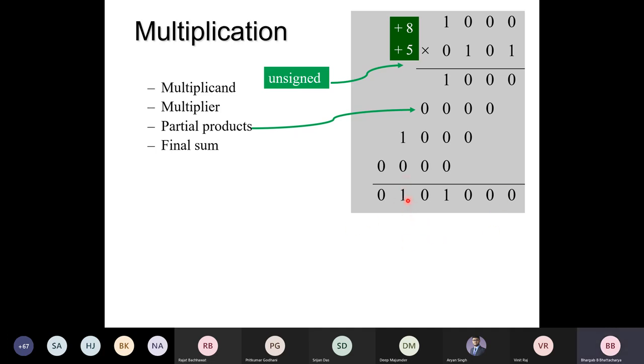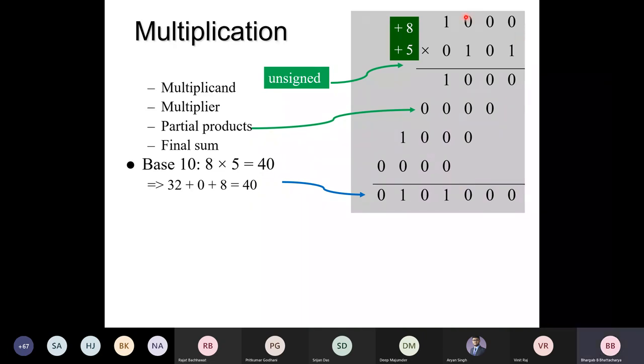Right? This is 32, this is 8, this is 40, right? So the product is correct. So this one is called the multiplicand, and this is called the multiplier. They can be used interchangeably, of course.